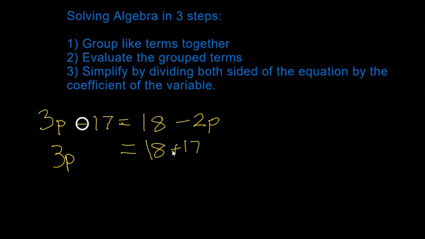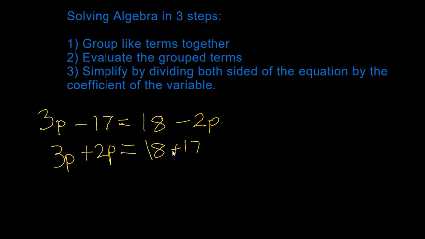Because it was minus 17 here. And then we have to remember to take care of this, right? So minus 2p will have to move to the left, and it will become plus 2p eventually. At this point, we make sure we visually account for all the terms. We started with 4 terms. We have to end up with 4 terms after the arrangement.